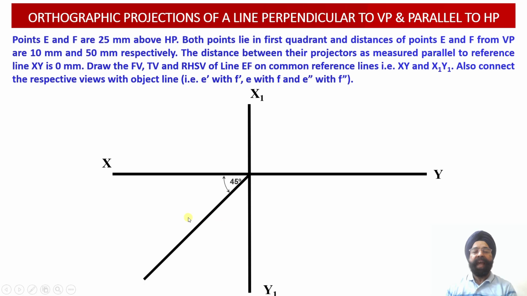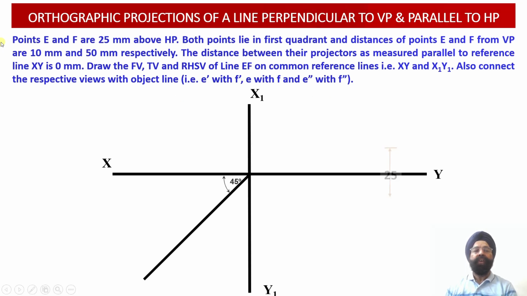We know that the XY line we need to draw over here, and the X1Y1 line we have also drawn over here, and at the intersection point of the reference lines XY and X1Y1, we need to draw this transfer line at an angle of 45 degree, so that whatever distances of the points are there from the vertical plane, those distances will be transferred from the top view projections onto the profile view projections in the right hand side view that are required to be obtained corresponding to the points E and F of the line EF.